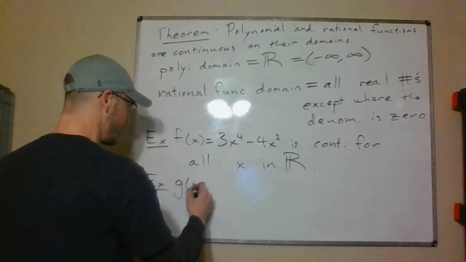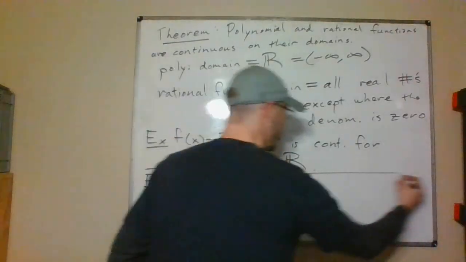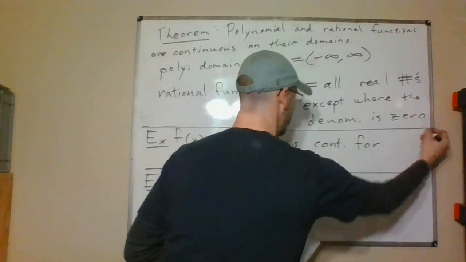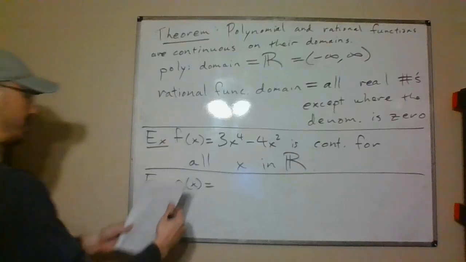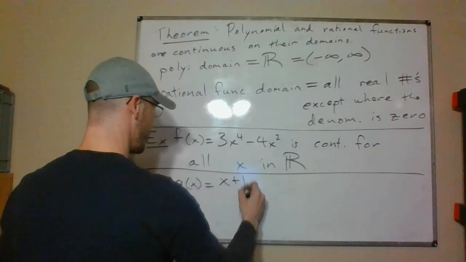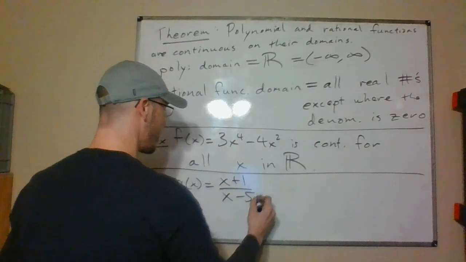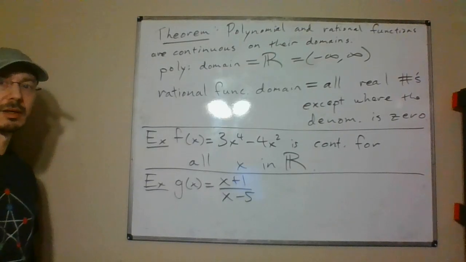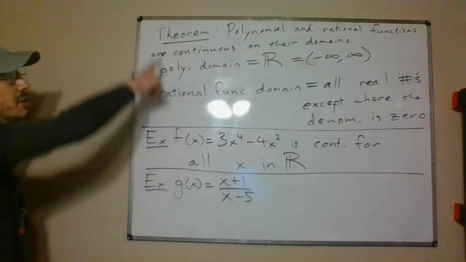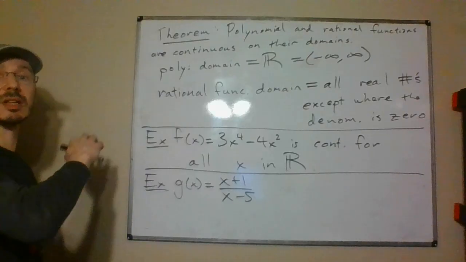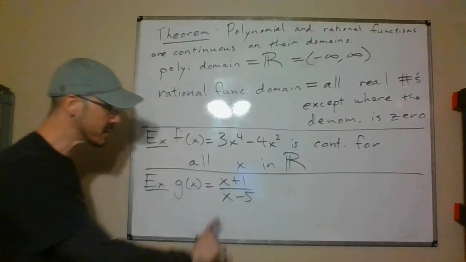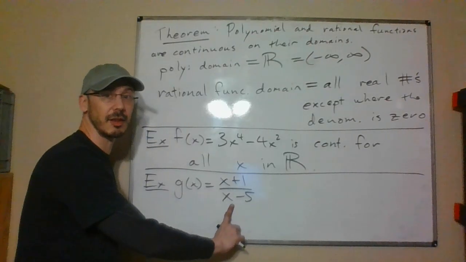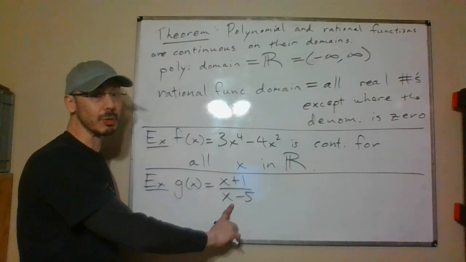A second example, though, g of x. G of x equals x plus 1 over x minus 5 is a rational function. So it's continuous on its whole domain, but its domain isn't the whole real number line.